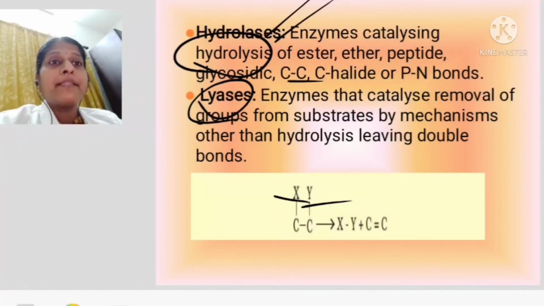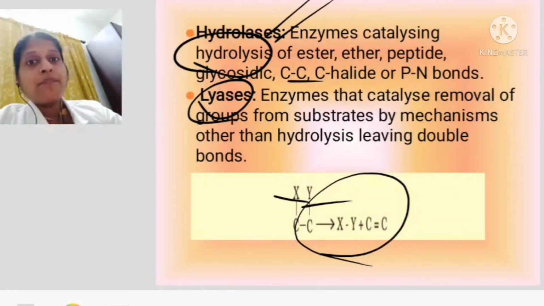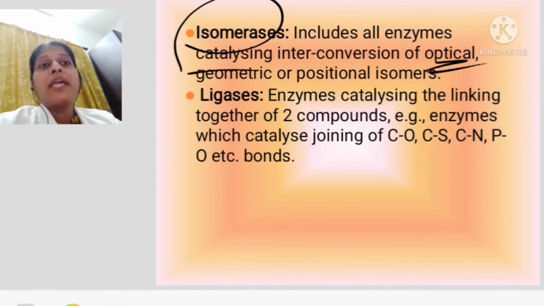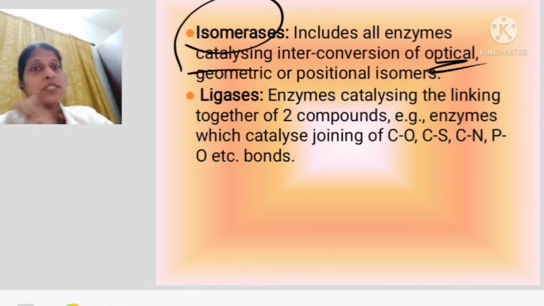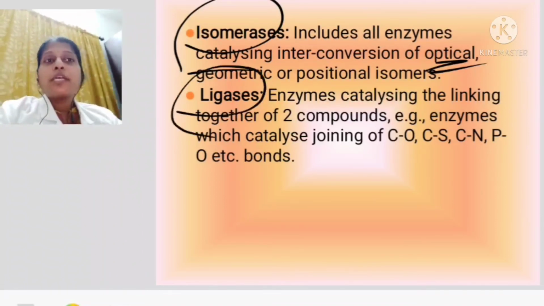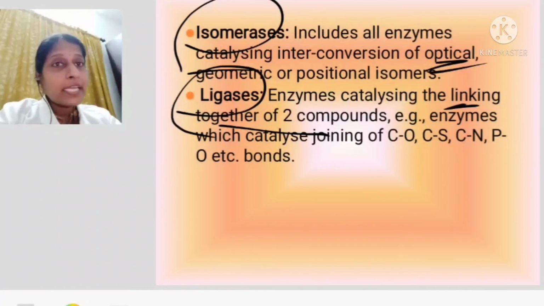Other than hydrolysis, when it happens without water, we call it lyases. The next is isomerases: interconversion, optical isomers, just the positional isomers changing from one compound to another. Ligases, what are they doing? They are helping in linking together 2 compounds. 2 compounds are combining together.